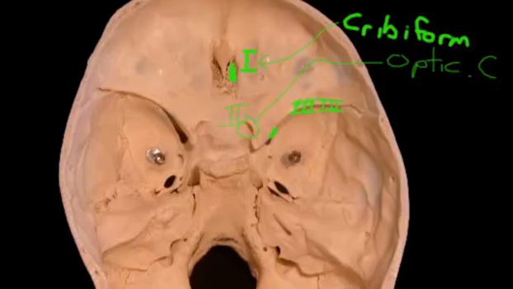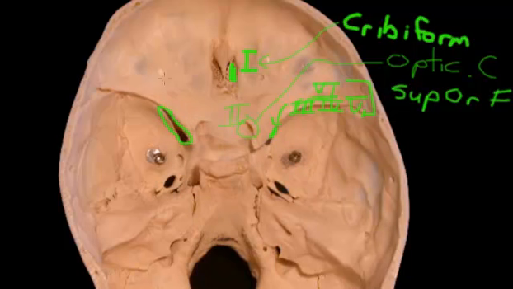That's the third, fourth, and the first division of the fifth, in fact, and the sixth cranial nerves all leave through that one area just in there called the superior orbital fissure. And it looks much more obvious on this side here. Here is the superior orbital fissure. That there.